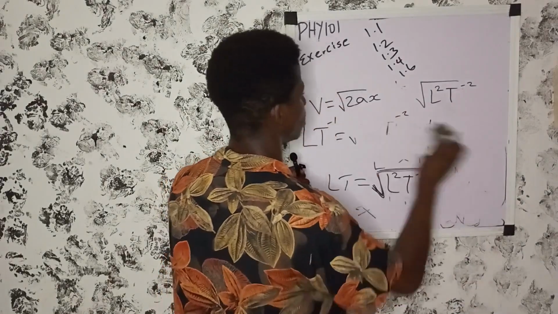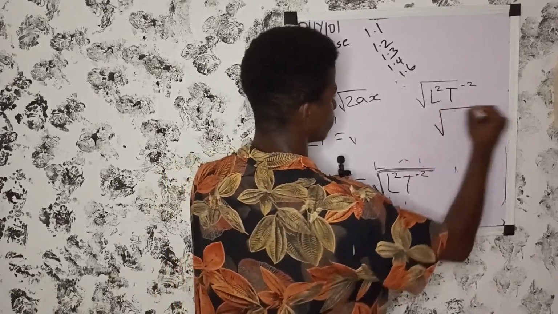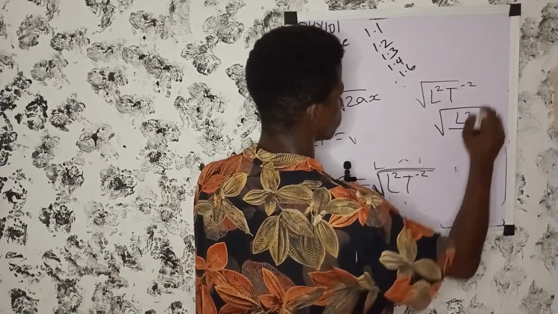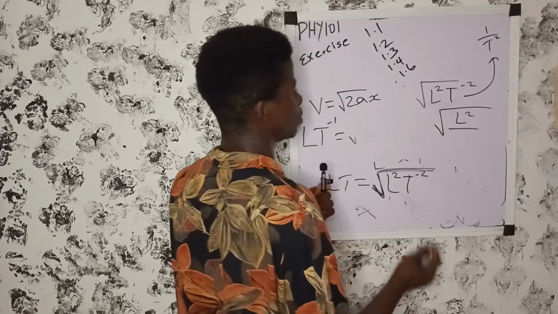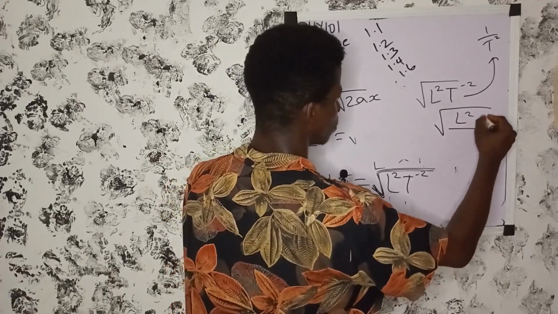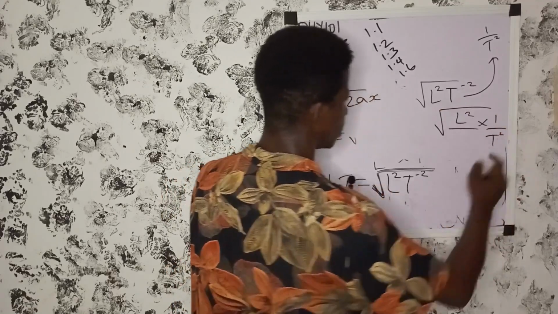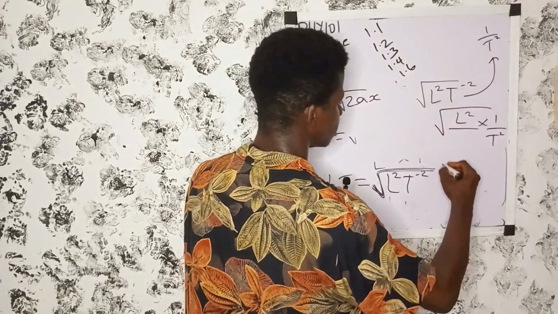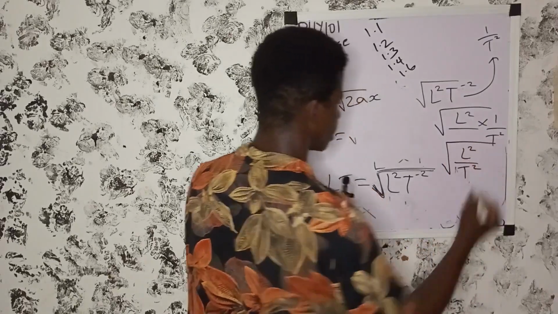Abi, yes. So t raised to power minus 2 is the same thing as 1 over t square. So all here will now be times 1 over t square. Multiplying all this, we get root L square over t square.